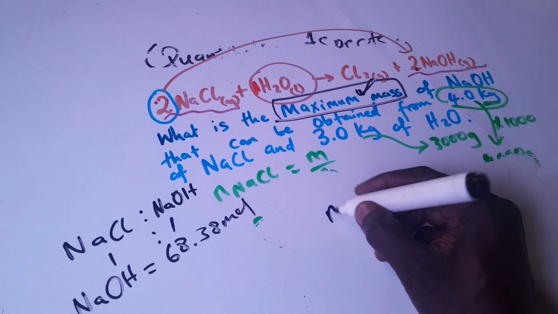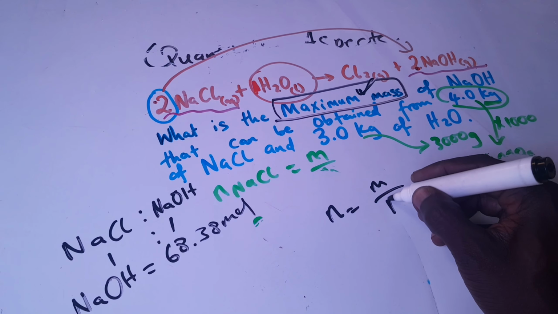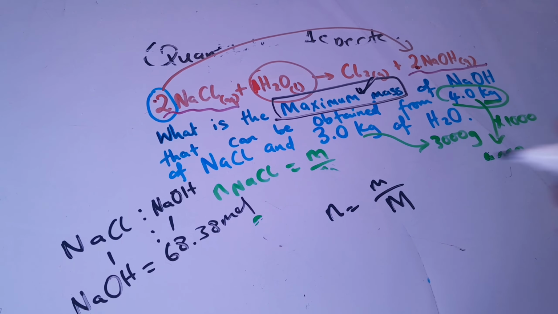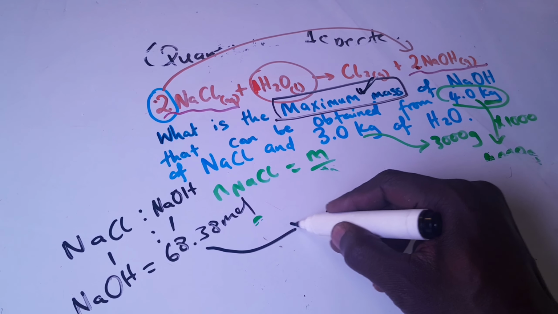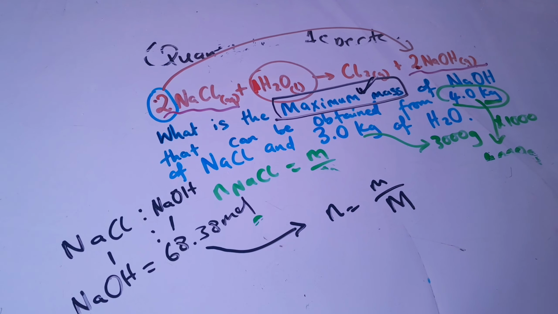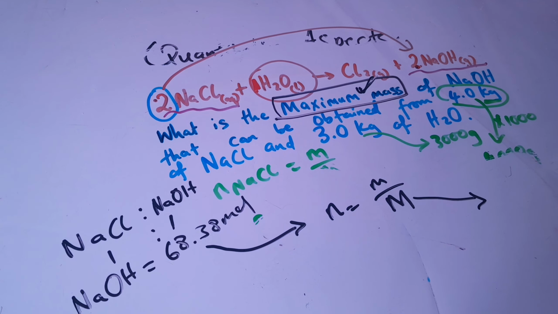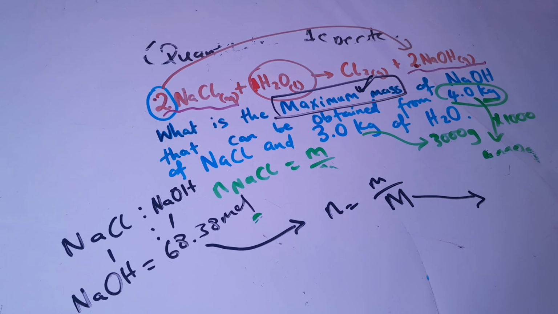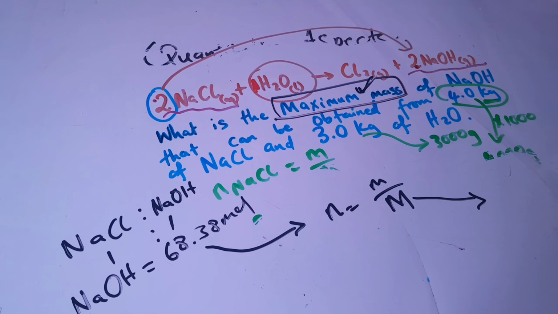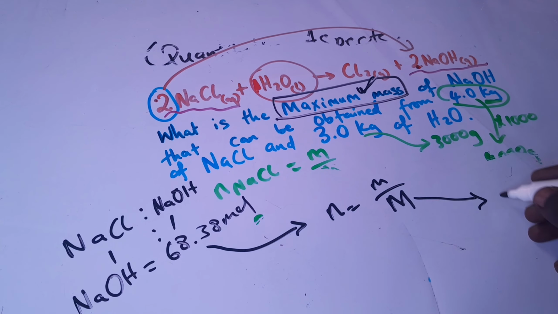So let's calculate the maximum mass that we can find theoretically. We know that number of moles is equal to mass over molar mass, right? Our number of moles here is 68.38. And the molar mass of sodium hydroxide is 23 plus 16 plus 1, which is 40 grams per mole, right?